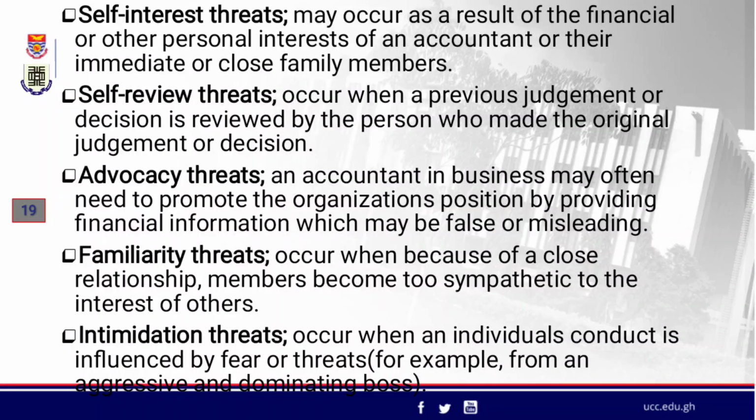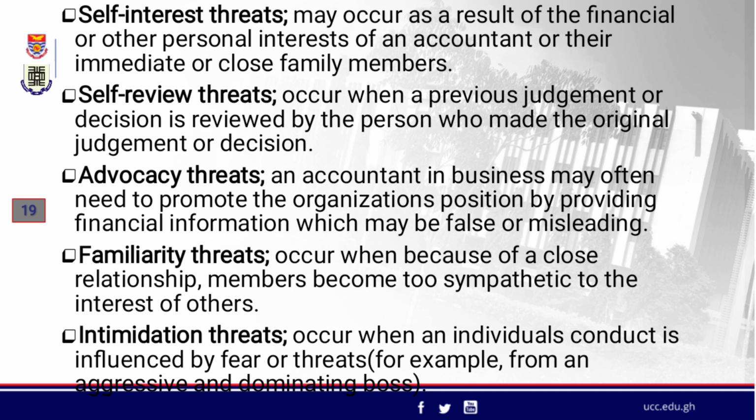Self-interest threat may occur as a result of the financial or other personal interest of an accountant or their immediate or close family members. So with the self-interest threat, we have two forms.